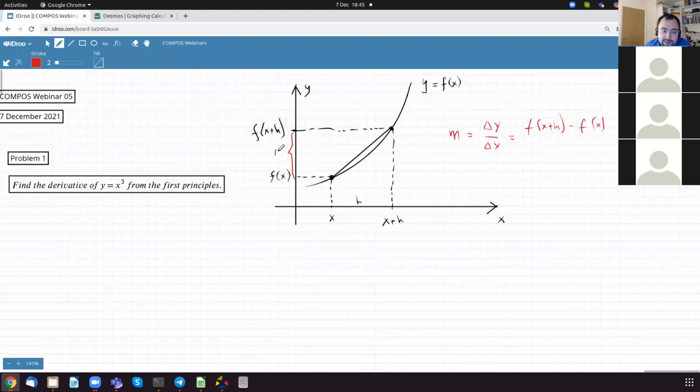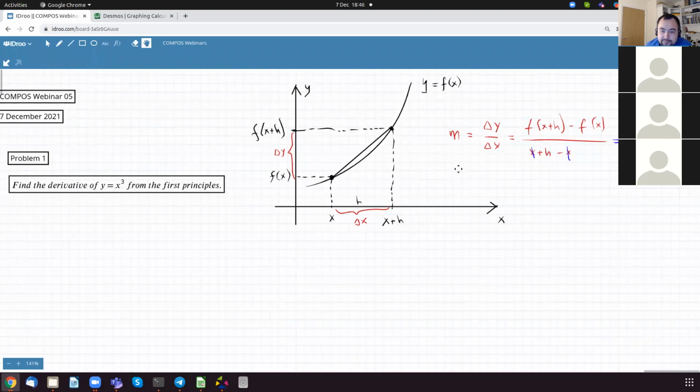So this is delta y, and this is delta x. Delta x, you can immediately see, is h. Or you can say it's x plus h minus x, which obviously is h. So we can simplify that. So this is the gradient of that line: f of x plus h minus f of x, divided by h.